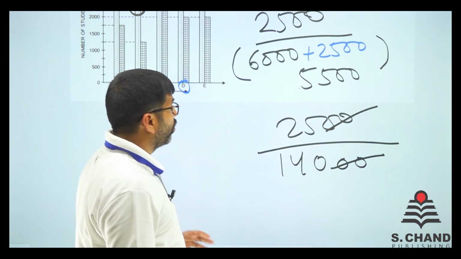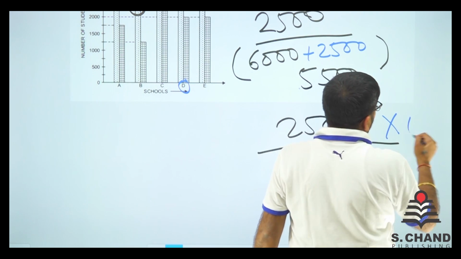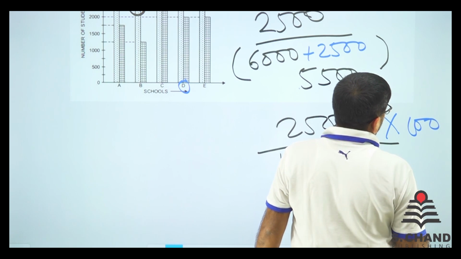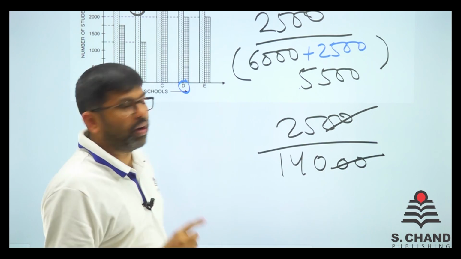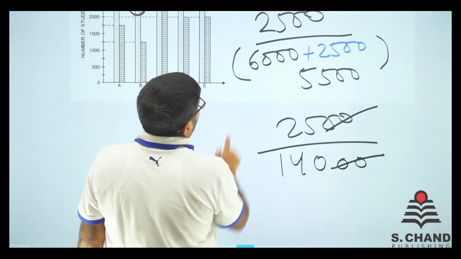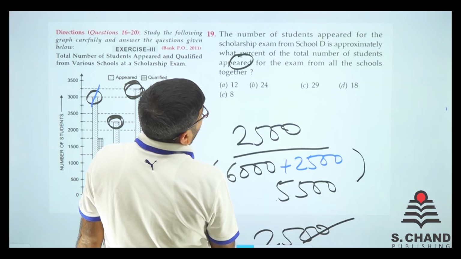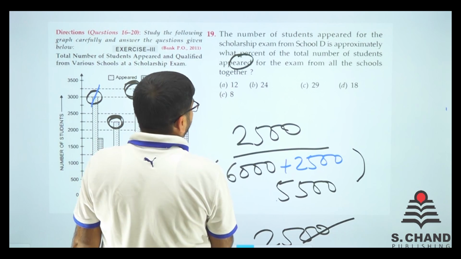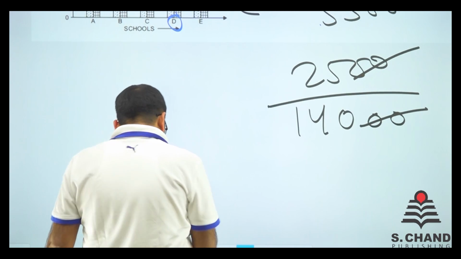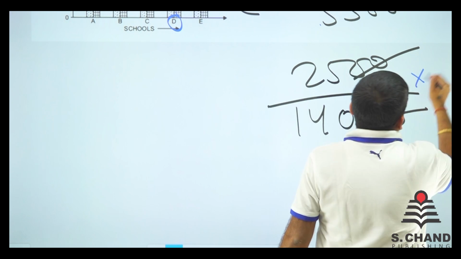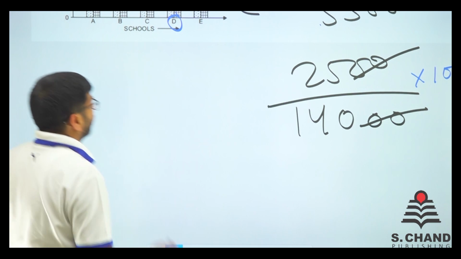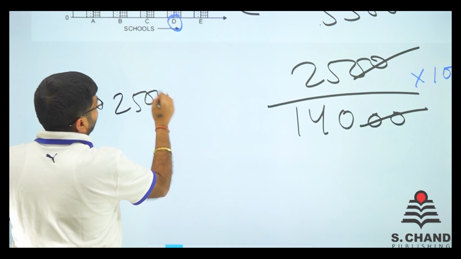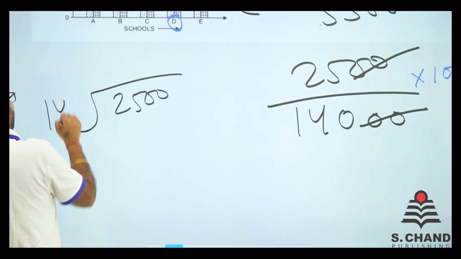Now what I know is we'll write 100 here. Do we need a ratio or percentage? Let me check. We want just the percentage, right? So we want to know about the percentage. So what we'll do is put 100 here and we'll do one thing. 2500 when divided by 140.